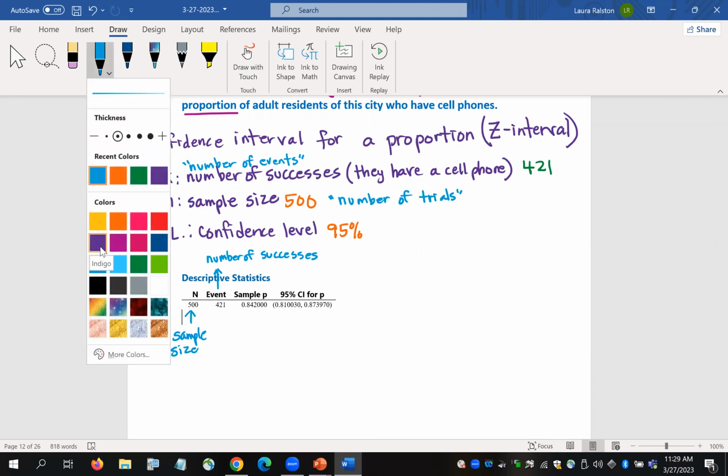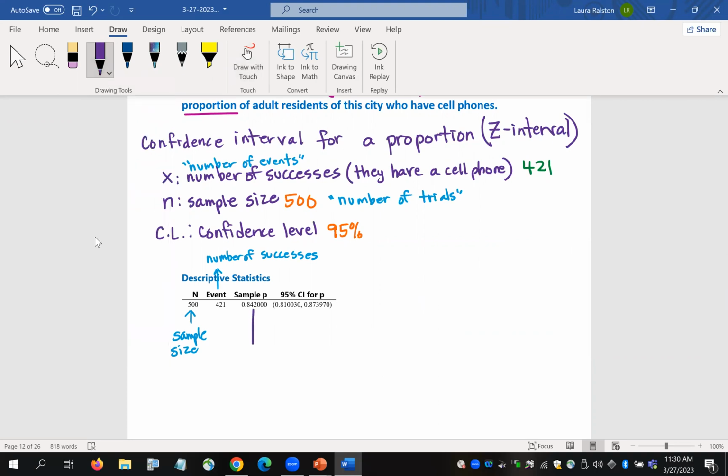Minitab does calculate for you this sample P. This is your P prime that I mentioned to you a while ago. Here is my confidence interval, again in the parentheses. So I have 0.810030, comma, 0.873970.